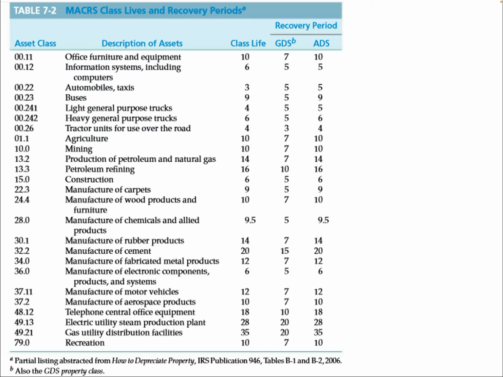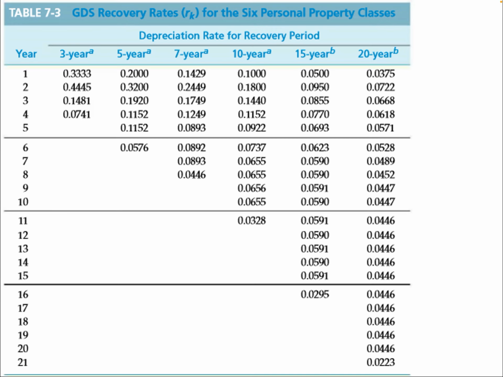So the first thing is to check the class. Reading through the description, you can find that semiconductor is the manufacture of electronic components, products and systems. Under that, in your GDS column, you will have 5, that is your recovery period. Then go to this table and find the column for 5 years.